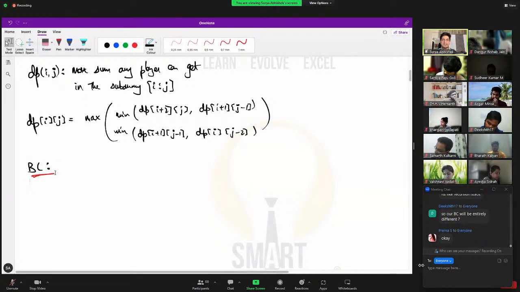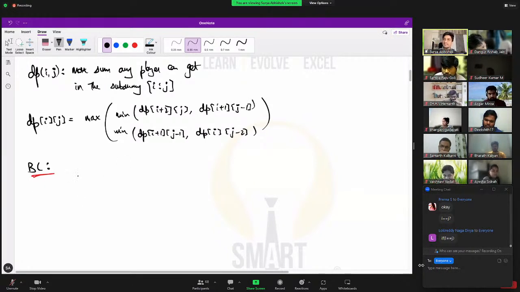Now you tell me what will be the base condition here? Or what are the base conditions here? Don't look at the DP expression. Just look at that i, j. I equal to j. Perfect. Exactly. If you have one element only left in your subarray, meaning i equal to j, then that is our simple base condition.